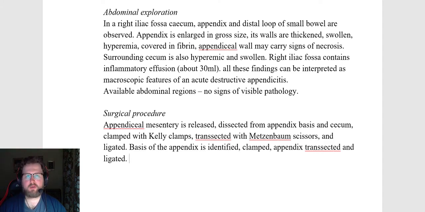Next, to avoid micro spillage from the ligated basis of the appendix, you have to invert it inside the cecum cupula with a Z-type stitch.